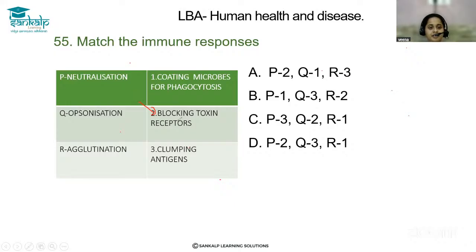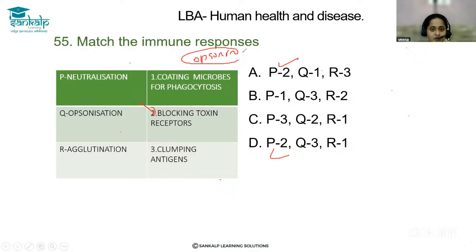P is option 2. The second one, Q, is opsonization. Opsonization is also a mechanism of coating the microbes or pathogens with the help of a molecule called opsonin.